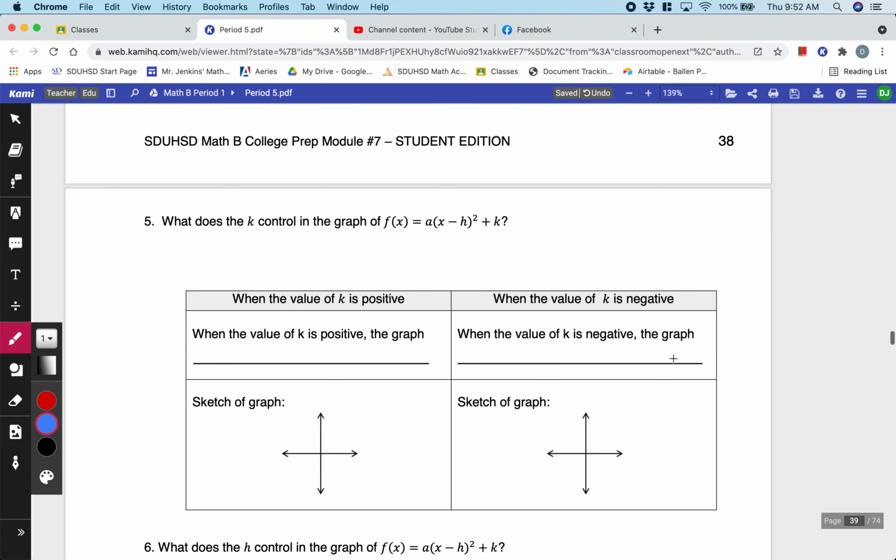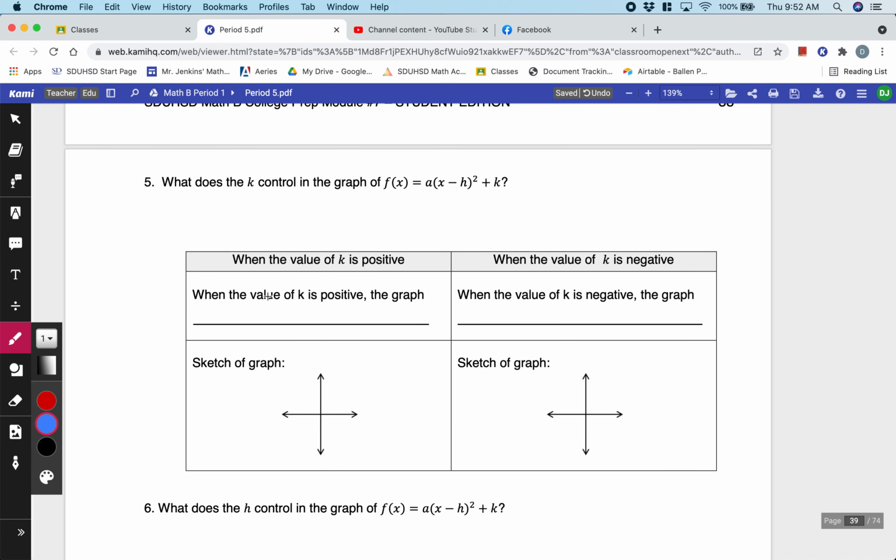All right, now let's look at the k value. When the k value is positive, it's a vertical shift up. So if I looked at y equals x squared plus 3, that plus 3 would make me go up 3 units.